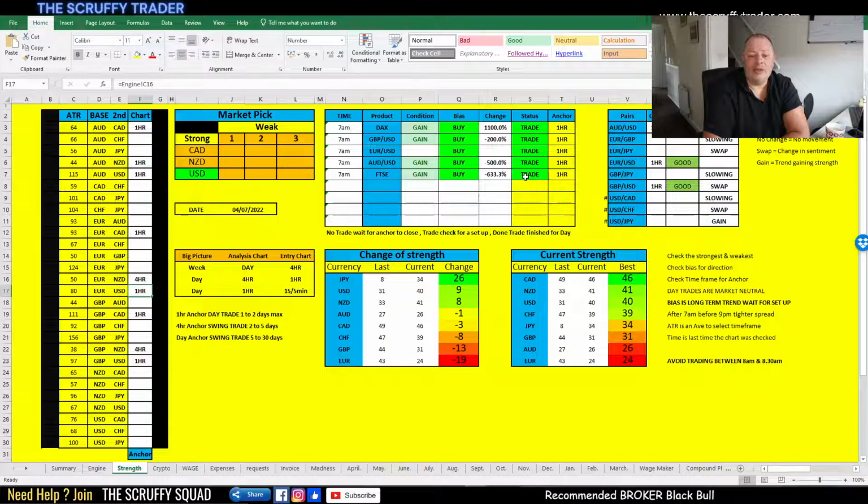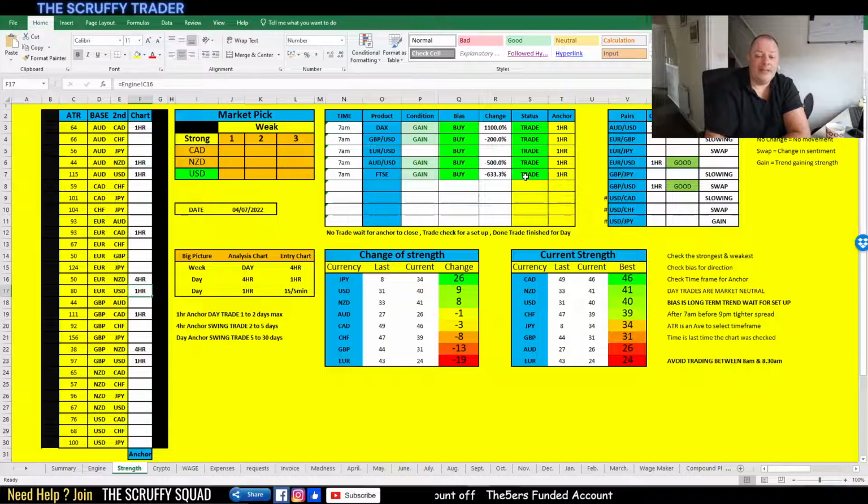It also tells me whether or not I should be looking for a trade, or whether I should be sitting on my hands, and what chart to be looking at. Well, this one, they're all in trade. So they're all pretty ready this hour. And where am I looking? The hours chart. Very, very simple.